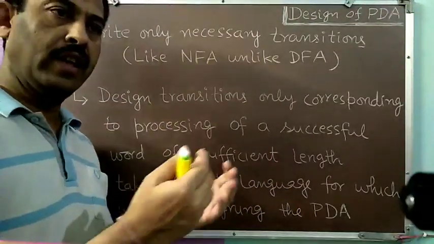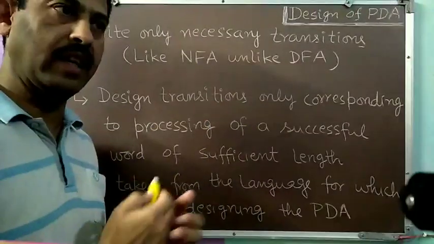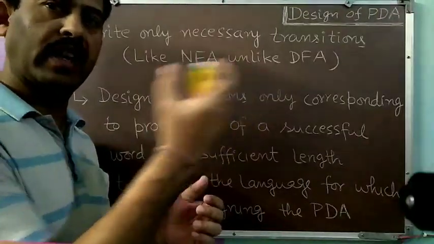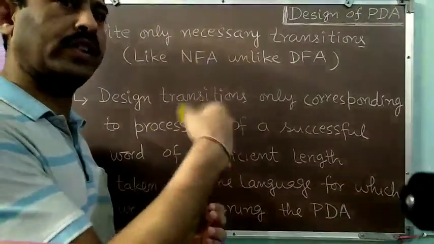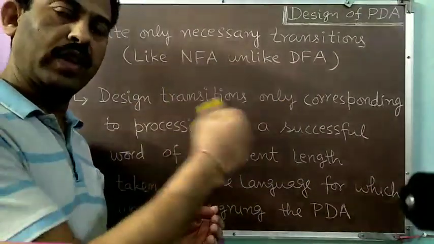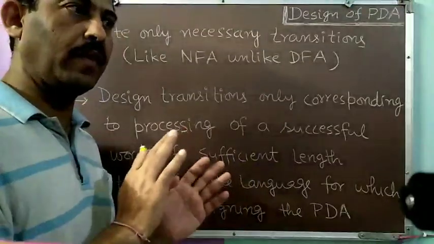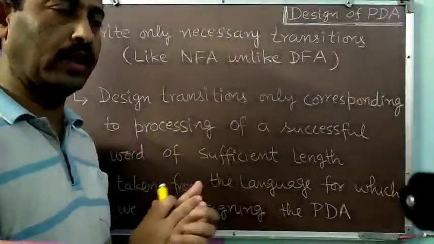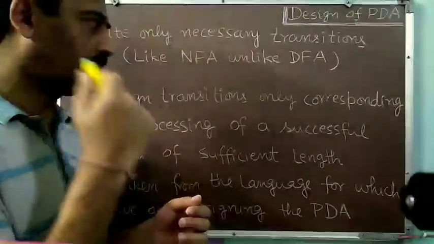So we will take a word from the language for which we want to design the PDA. We will take a word of sufficient length from that particular language, and we will try to process that word over the PDA, and corresponding to each symbol we are processing, we will be adding a transition. In this manner, we will be writing only the necessary transitions.